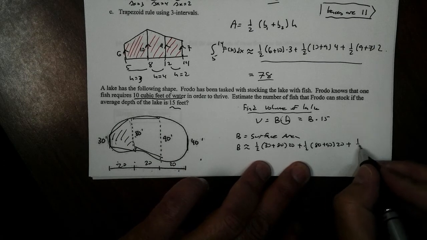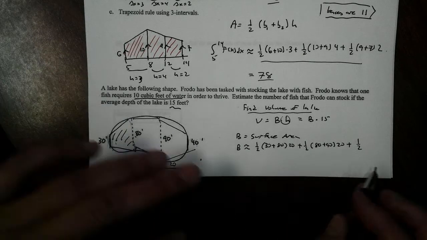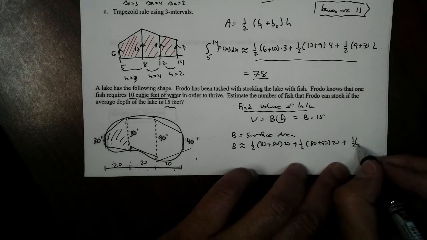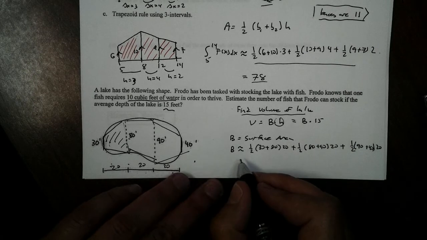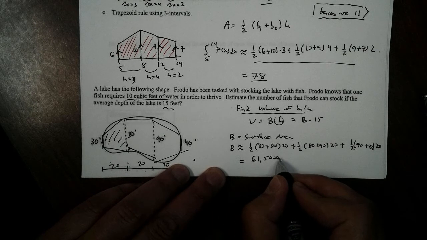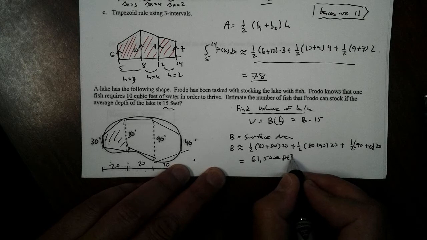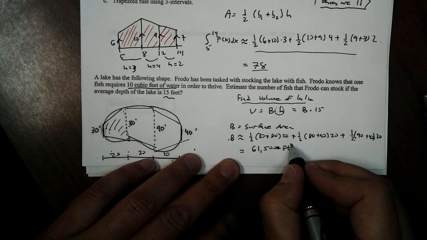And then the last trapezoid, right here, 90 plus 40, times 20. And if you simplify that, you're going to get 61,500 square feet, because it's the base, right? It's an area, square feet.